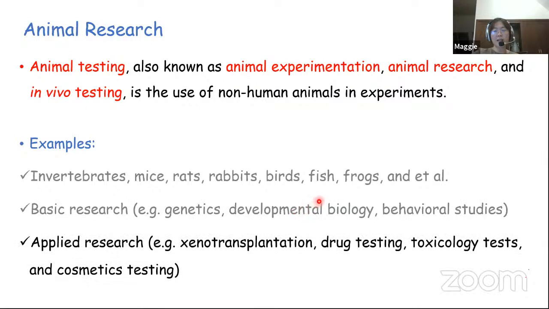Animal studies can also be found in applied research, for example, xenotransplantation, drug testing, toxicology research, and even in industry, cosmetic testing. All of this applied research can use animal research.